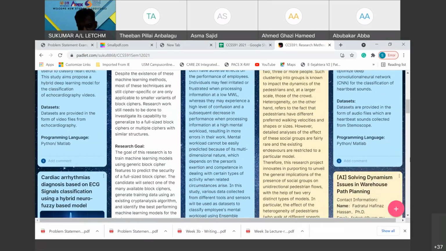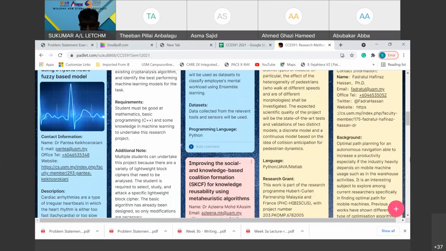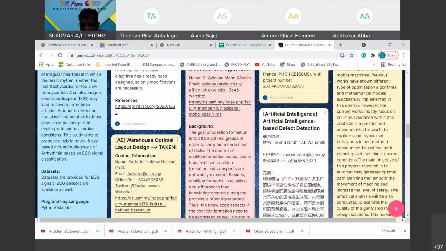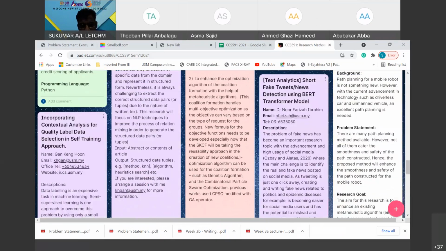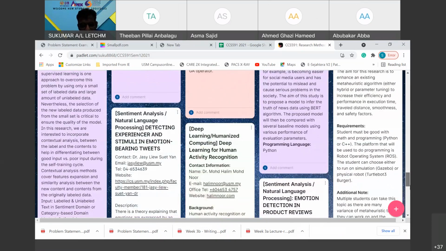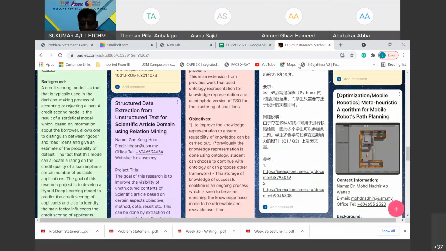Some mention very nicely the research goal, what you should have, and what programming language you need. So it's easier for you. Is there already a research grant on that topic? Understand? So this is how I'm going to give you, but please don't contact them yet.